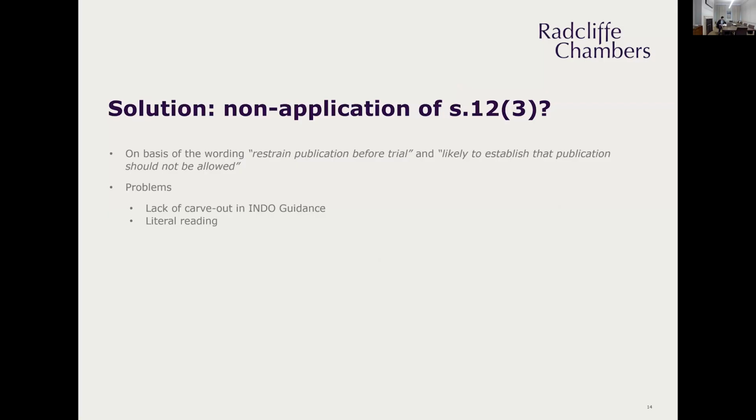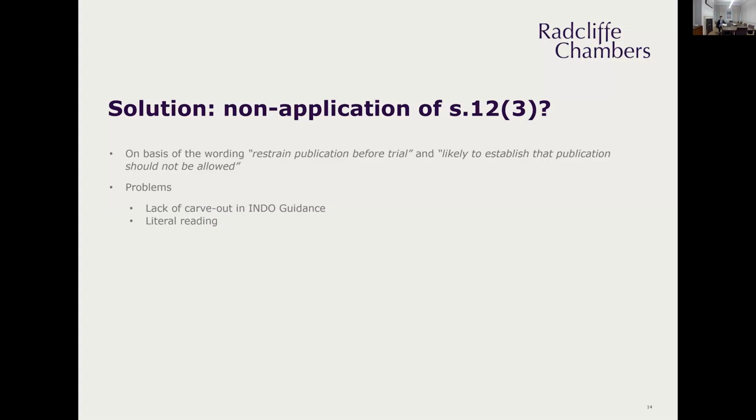So a possible third solution is to suggest, or take the position that subsection 3 itself specifically doesn't apply in this context, or at least applies in a different way, because of the wording built into subsection 3, restrain publication before trial and likely to establish that publication should not be allowed. So the suggestion would be that Parliament did not have in mind the civil fraud context when it legislated subsection 3.